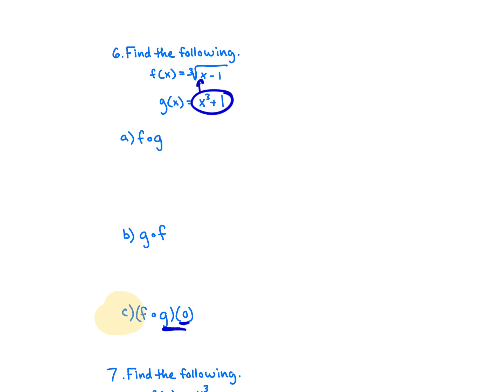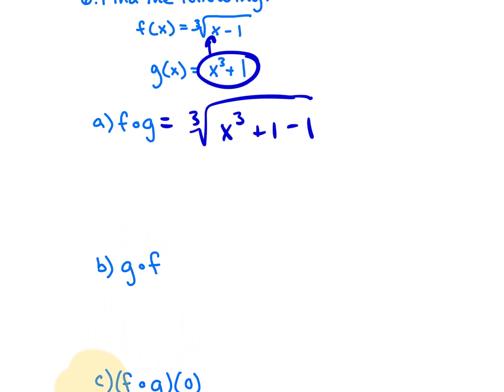So let's find, I'll work it out here for f of g. So we have the cubed root of x cubed plus 1 minus 1. So I just took g and plugged it into the x in f. Can we simplify this? What simplifies? The ones cancel. 1 minus 1 would just be 0.